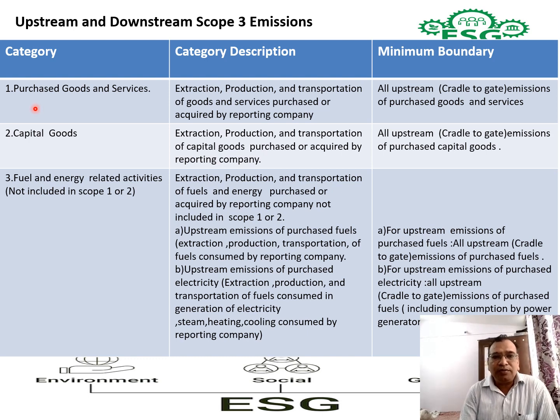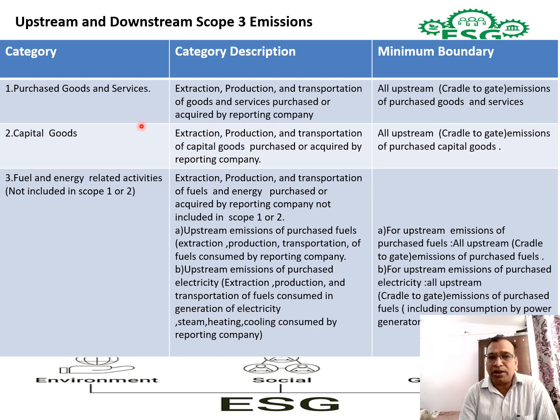First point, which comes in upstream, is purchased goods and services. What is the category? The extraction, production and transportation of goods and services purchased or acquired by the reporting company comes in this category.